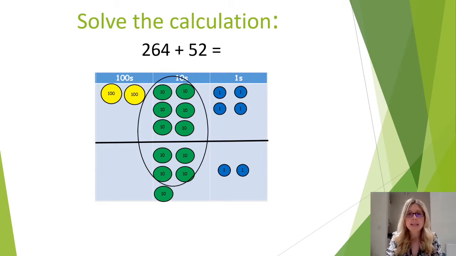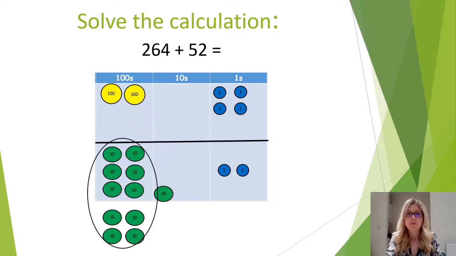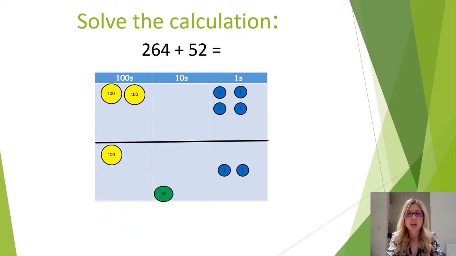What that means is they are going to be moved into the hundreds column, like this. So what's happened there is 10 tens have been regrouped into 100 because 10 times 10 equals 100.